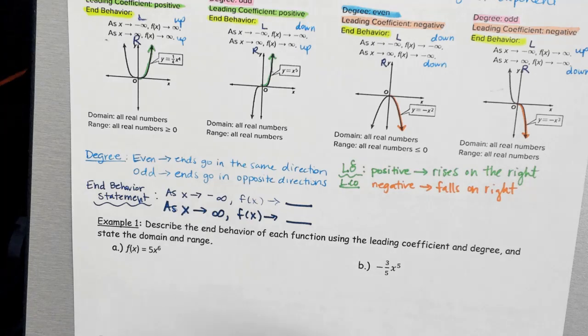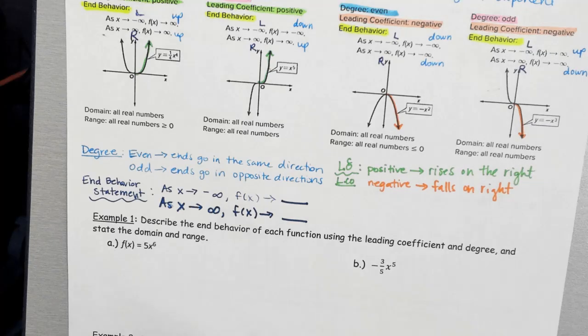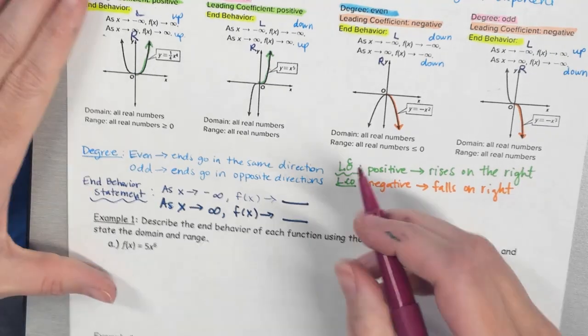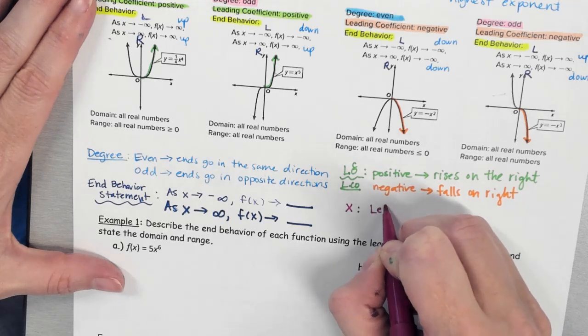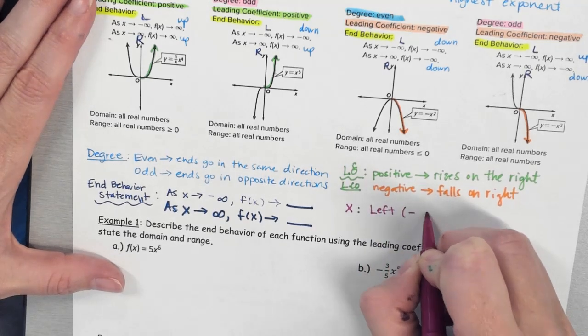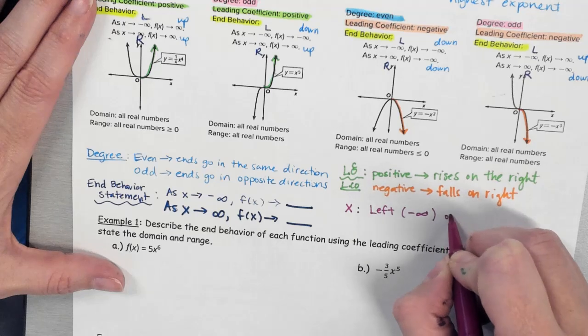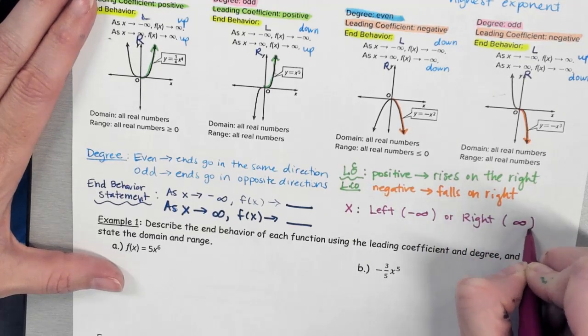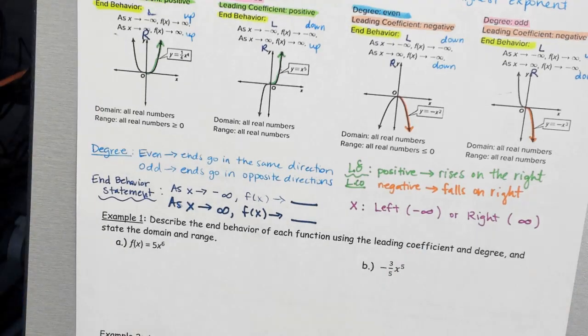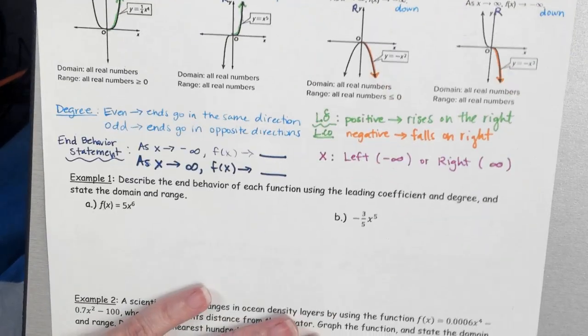All right, so you are going to be filling those in. The rule is, if you are talking about the x value, then x is either left or right. Left is negative infinity. Right is just infinity. So these mean two different things depending on what you're talking about.